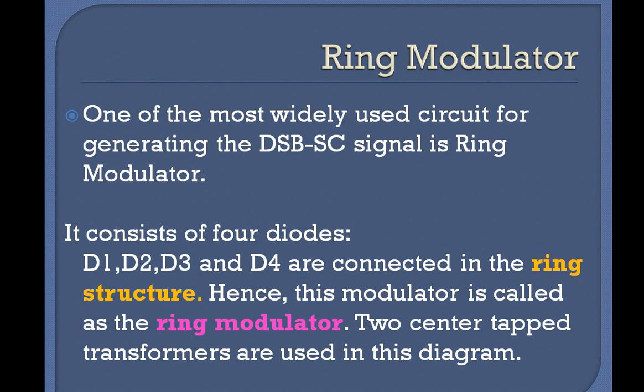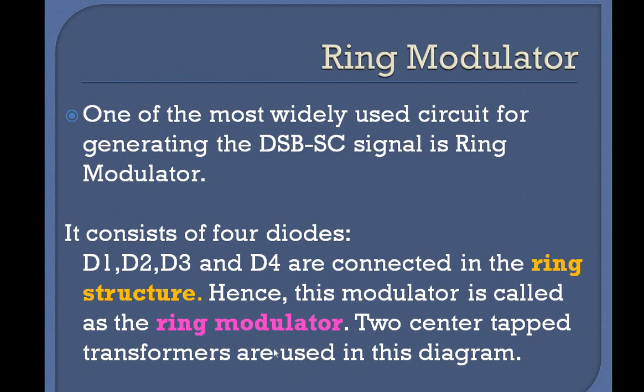This ring modulator consists of 4 diodes, because we are using nonlinear elements with nonlinear characteristics. The count is 4 diodes, and they are connected in the form of a ring structure. That's the reason we have given it the name ring modulator.